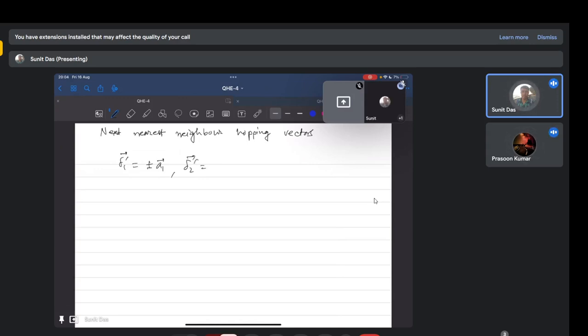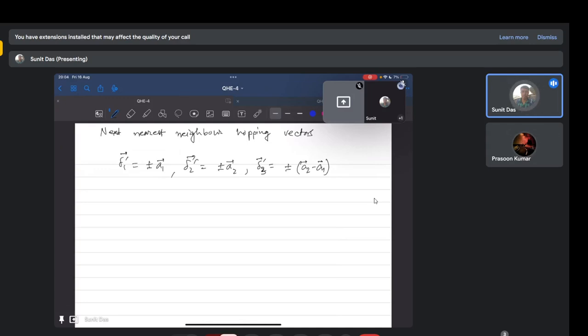Delta 2 prime will be plus minus a2, where a1 and a2 are the lattice vectors. Delta 3 prime will be plus minus a2 minus a1. You can simply check this, and using it along with the nearest neighbor hopping elements, you just need to incorporate that and you will find the tight binding Hamiltonian incorporating the next nearest neighbor also.